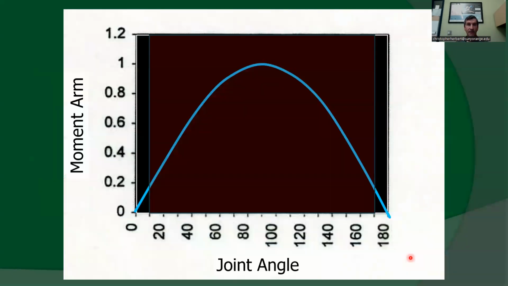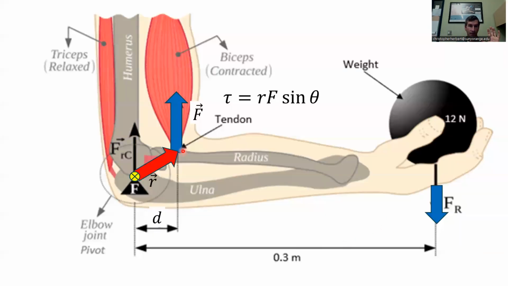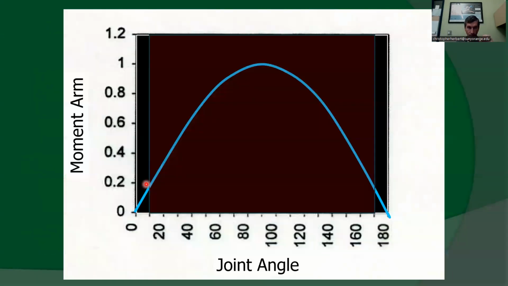Now, here's an idealized sketch of what the moment arm would do at different angles. This is actually not completely accurate because if we were to fully extend this, we'd still have some moment arm between our fulcrum and our muscle. But this overall trend shows us at small angles, our biceps have a lower torque than we do at 90 degrees, and then their torque becomes less again as we fully extend this.